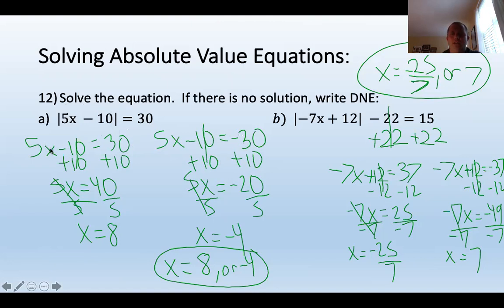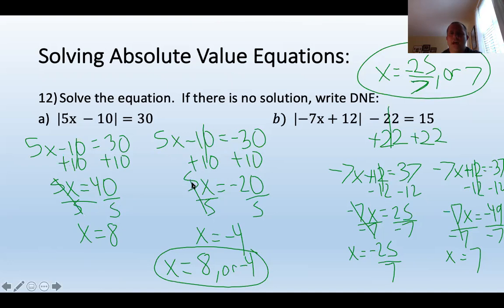So for 5x minus 10 equals 30, we would add 10 to each side first to cancel the negative 10 out. That would give us 5x equals 40. Then to cancel the 5 out, we would divide by 5 on each side, and that would give us x equals 8. And then for 5x minus 10 equals negative 30, we would add 10 to each side to cancel the negative 10 out.